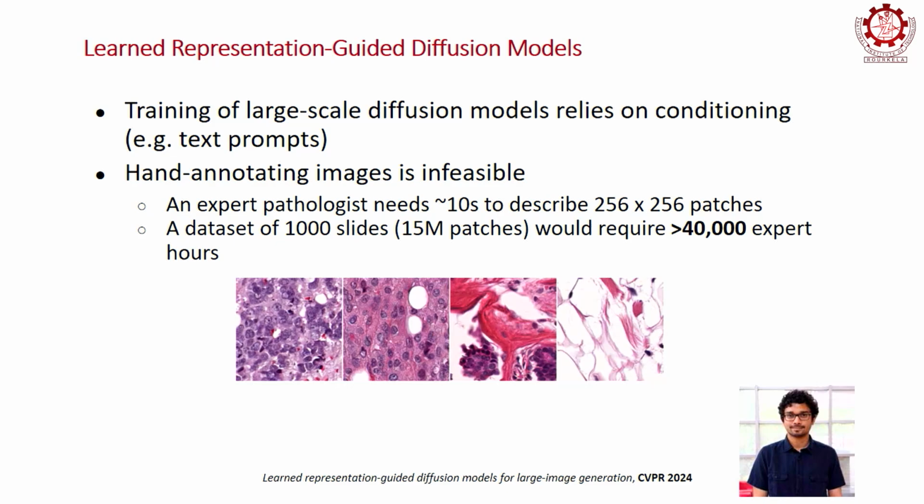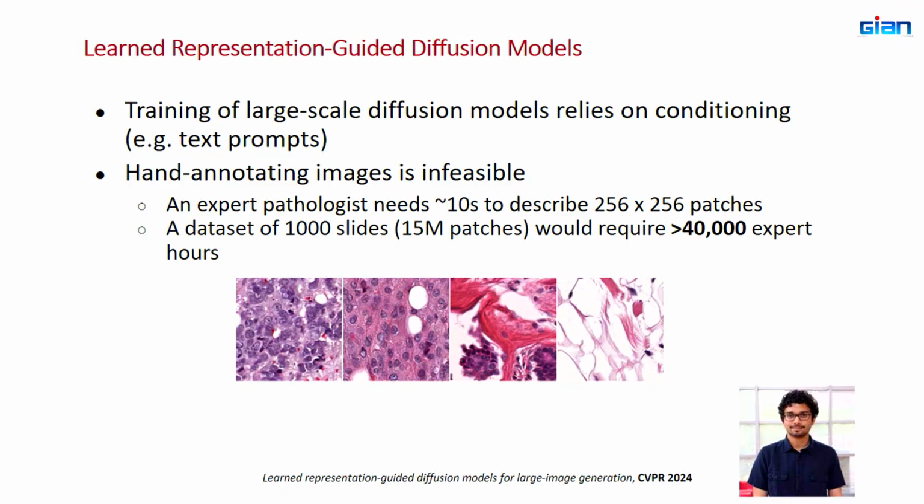How we do that is by using our foundation models. We have the foundation models that you saw previously, Phikon or Virchow or CONCH or some of these other models. When you run your patches through the foundation models, you will get a representation, right? So now you can use that representation to condition your diffusion model.